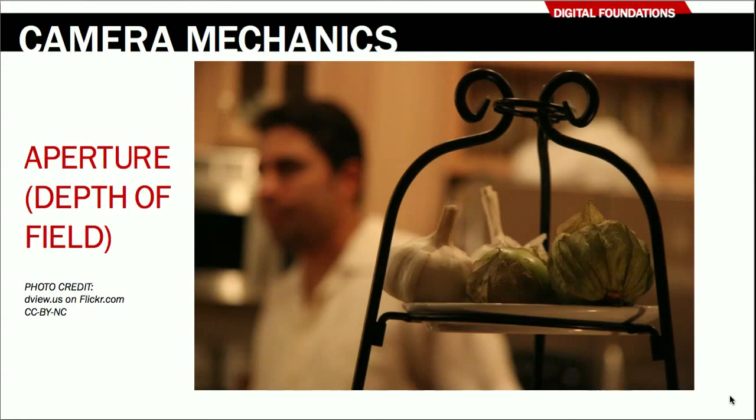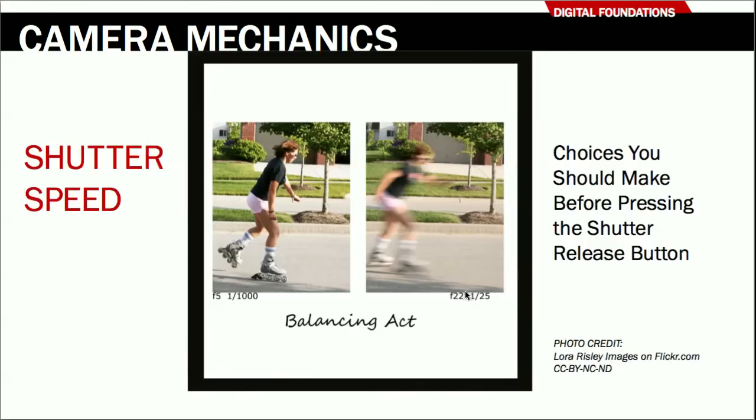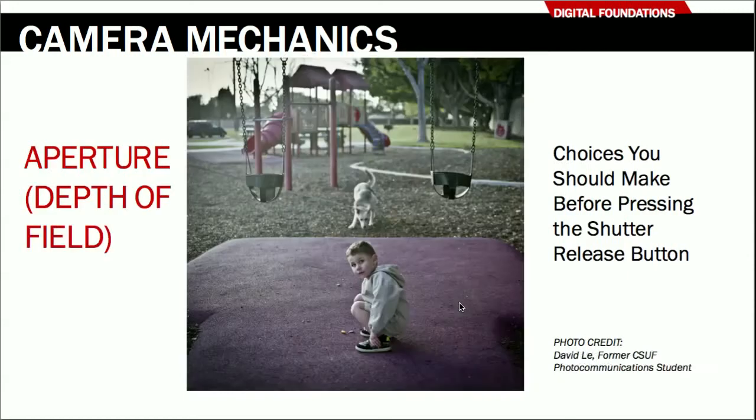Of course, if you set the aperture to a smaller opening, if I go back a couple slides to that f22, for instance, we're going to see everything in focus, right? So we don't have that shallow depth of field. Basically, the whole frame is going to be in focus at that higher number or that smaller aperture opening.